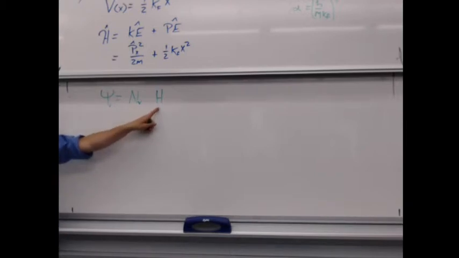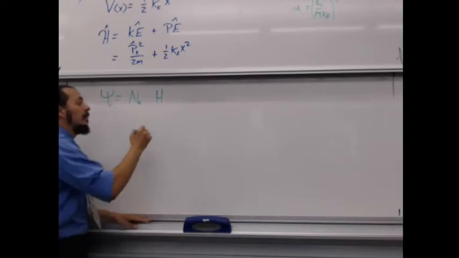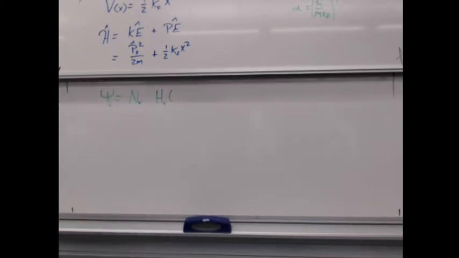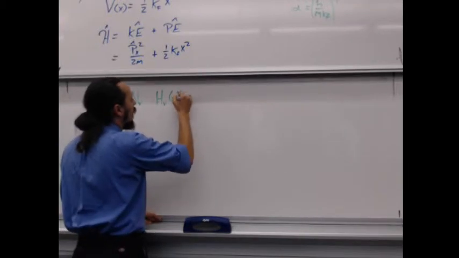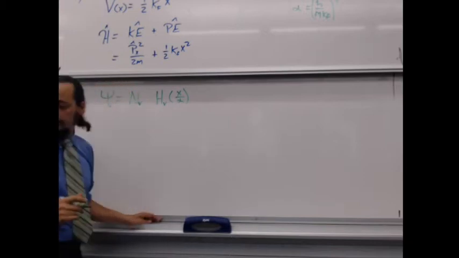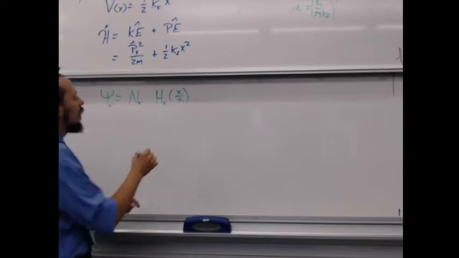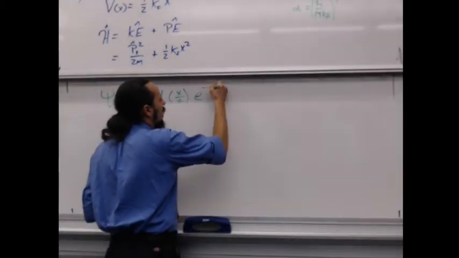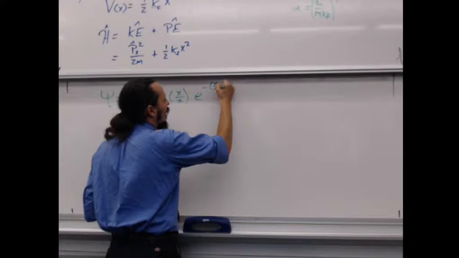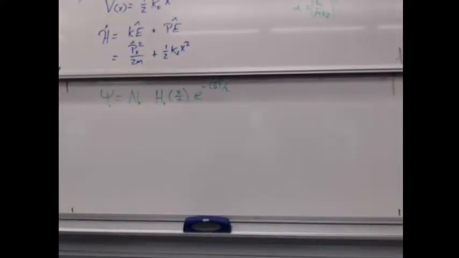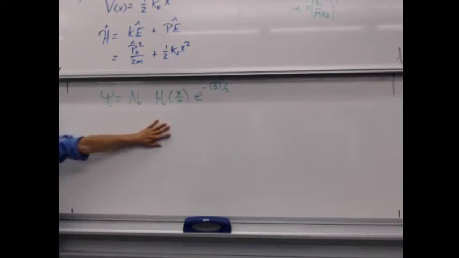Notice, not curly H, this is just straight H, of x over alpha, times e to the minus x over alpha squared divided by 2. These functions are solutions.